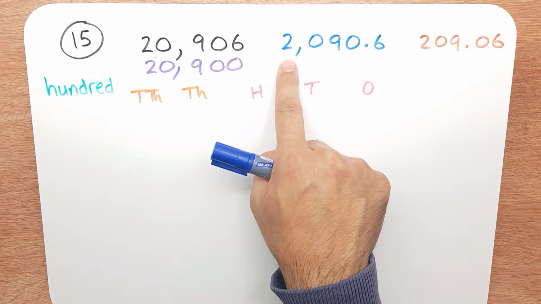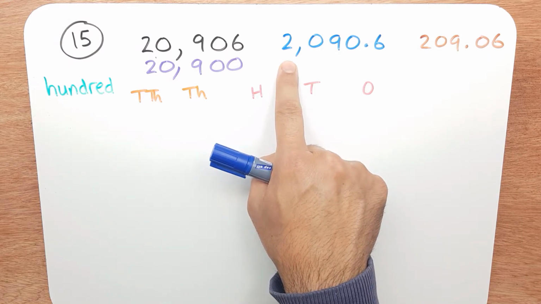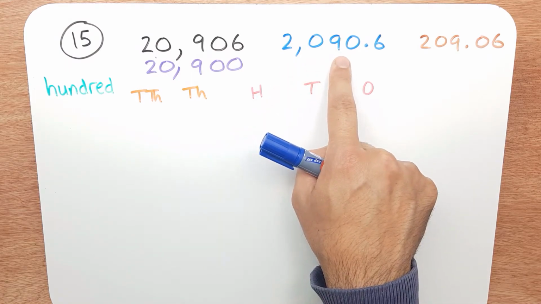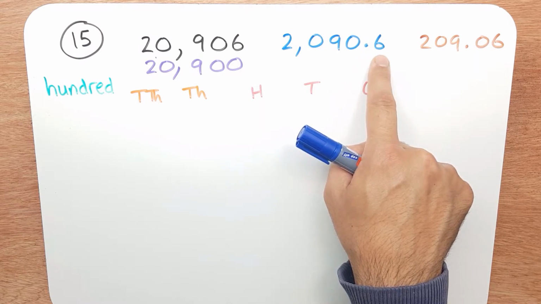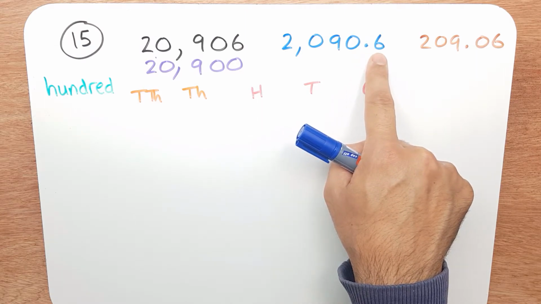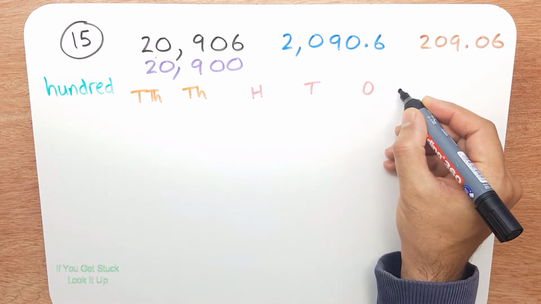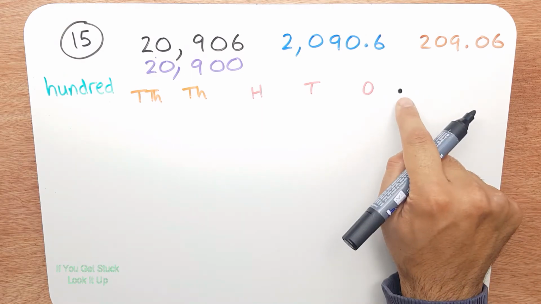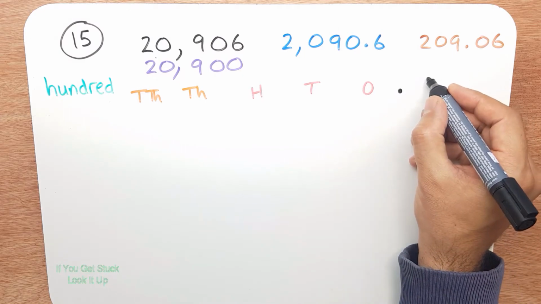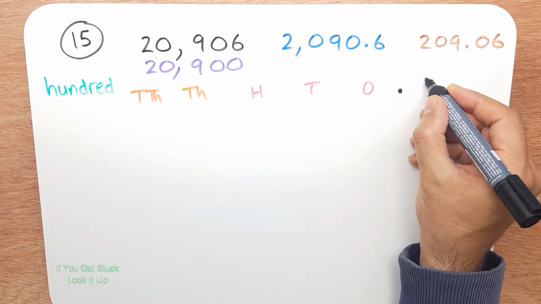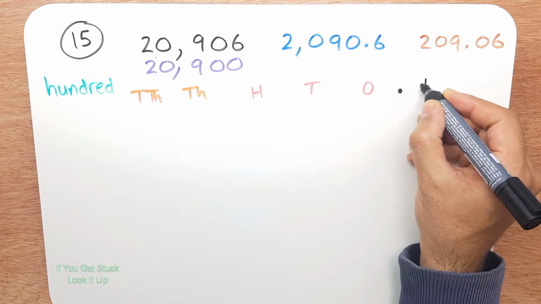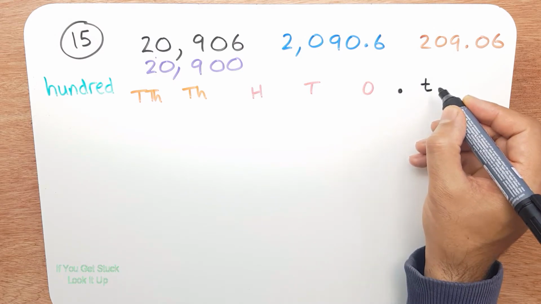Now we have the number 2090.6. So we have a decimal point here. So we'll put the decimal point here. And this column here is the tenths. So what I'm going to do is put a little lowercase t for tenths.